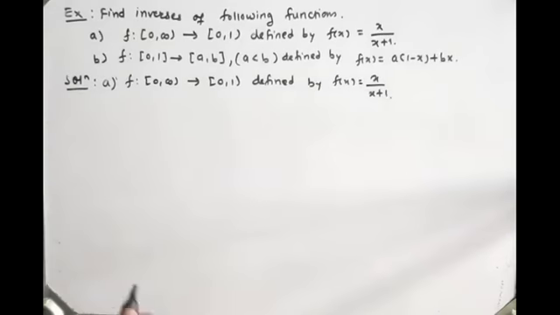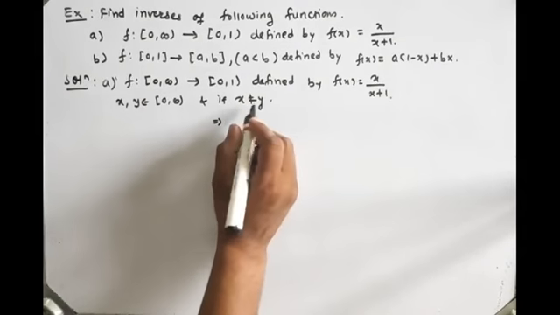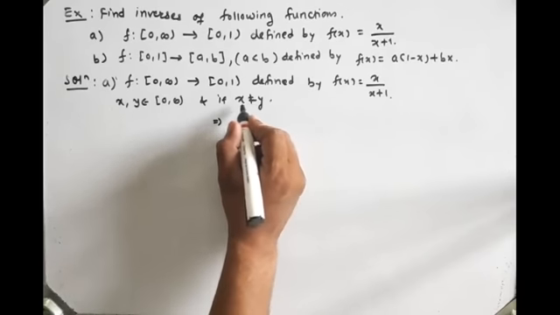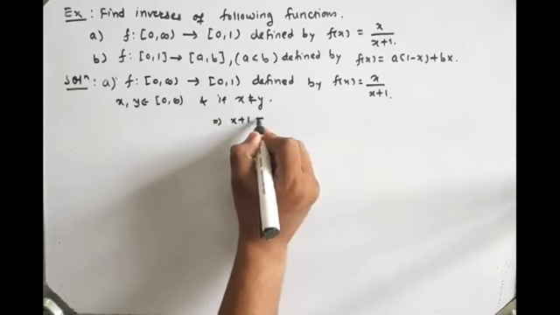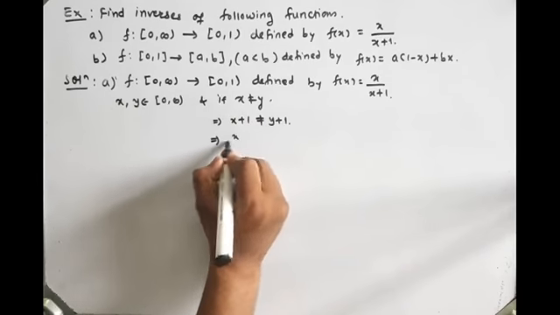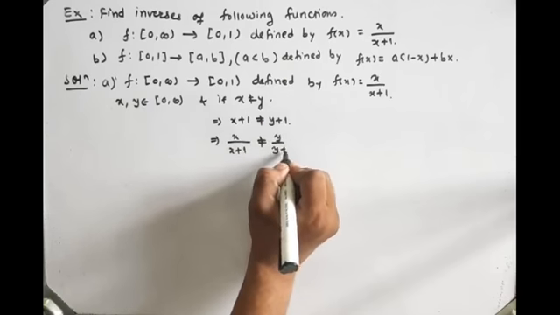To check f is 1-1, I will take two points x, y belonging to 0 to infinity, and if x is not equal to y, then if I add 1 on both sides, what will I get? So x plus 1 is also not equal to y plus 1. Dividing these two, what will I get? x upon x plus 1 is not equal to y upon y plus 1.